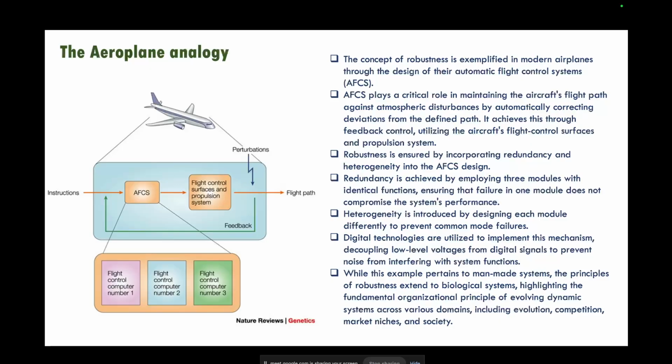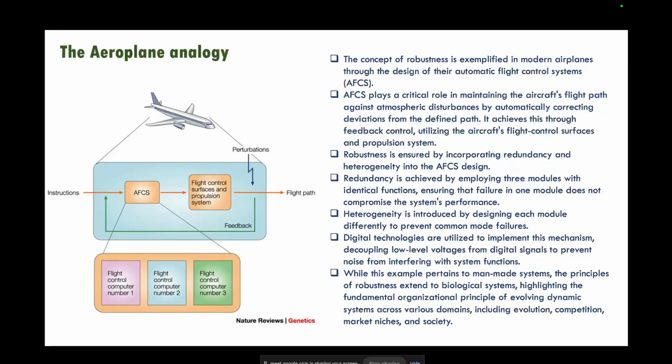Heterogeneity is introduced by designing each module differently to prevent common mode failures as well. Similar system design. Digital technologies are utilized to implement these mechanisms, decoupling low-level voltages from digital signals to prevent noise from interfering with system functions.